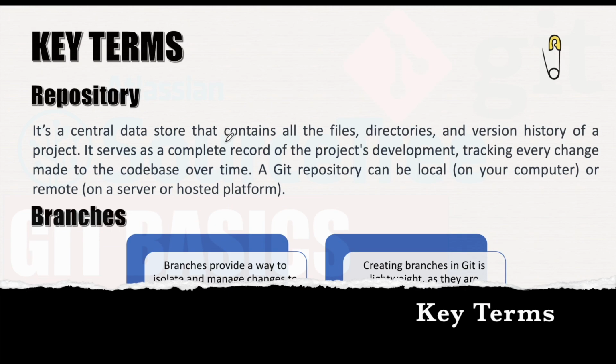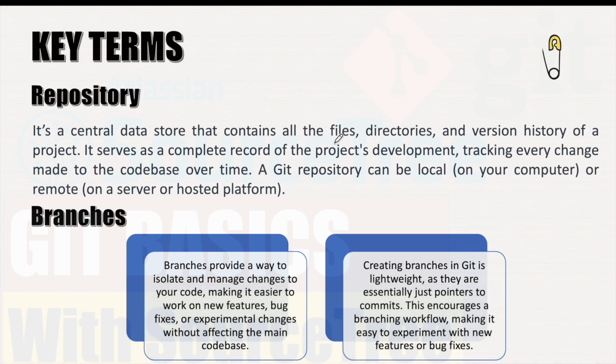So what is a repository? A repository is a central data store where everything which a version control system needs is present. What a version control system needs are the files, directories, and version history of a project. It serves as a complete record of the project's development, tracking every change made to the code base over a period of time.